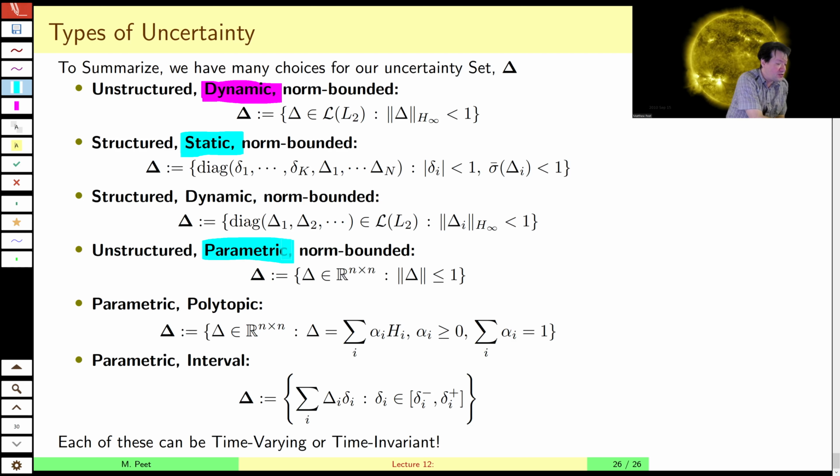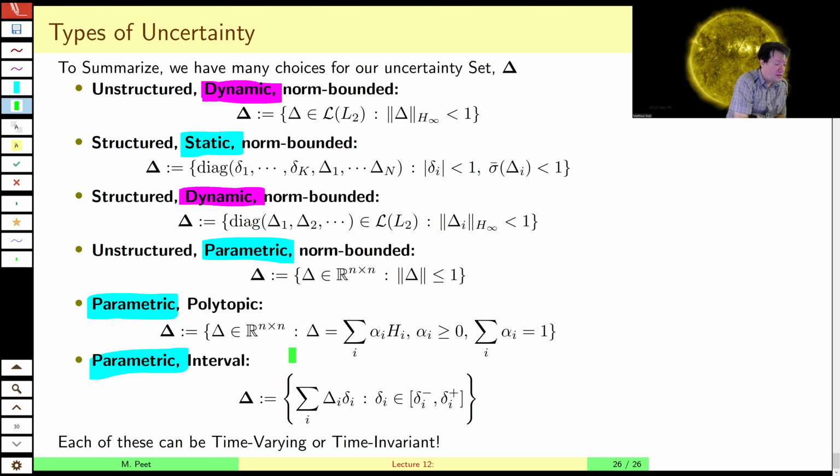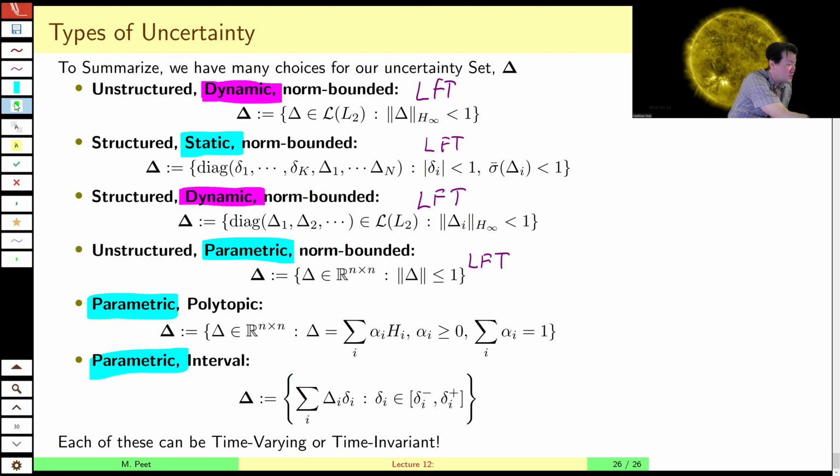If you have parametric uncertainty, you can also have alternatives to the LFT. So these are LFT representations, and there are alternatives to the LFT, which are the polytopic and interval representations.